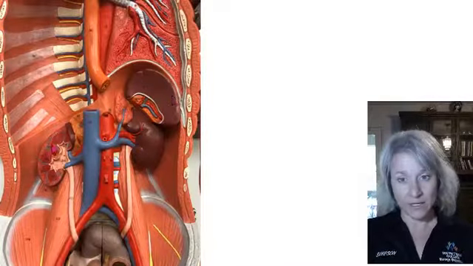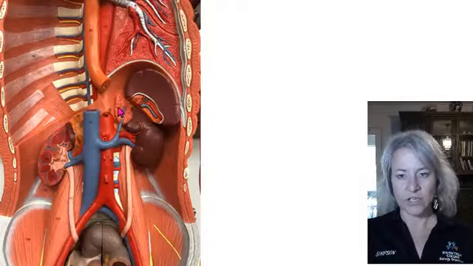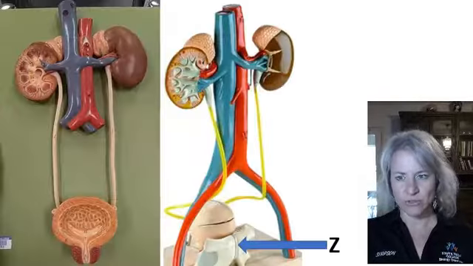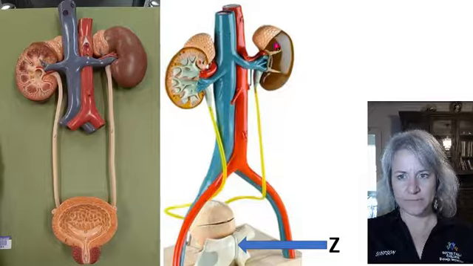This is Tommy, and we have the right kidney and the left kidney, and this gland sitting on top of the kidney. You could say suprarenal, or you could say adrenal. Here we have the urinary apparatus. So we have the adrenal glands sitting on top of the kidney.